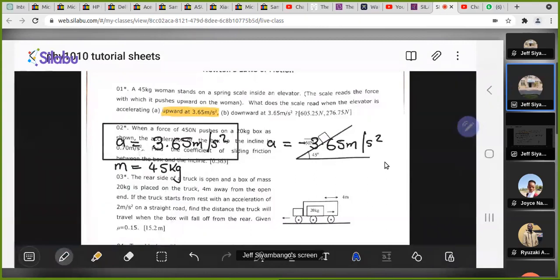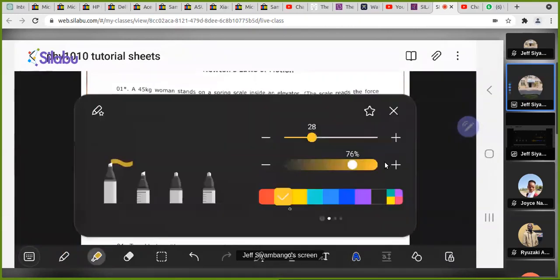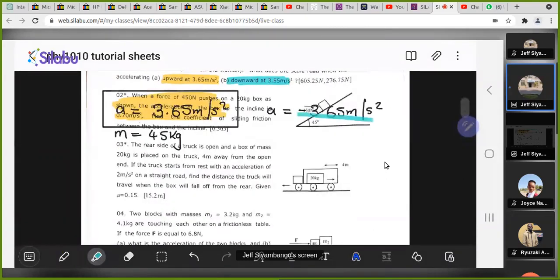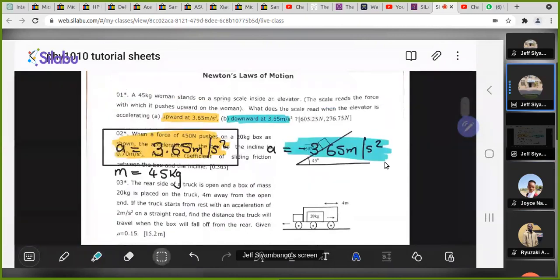So this is for when it is going upwards, so I will use positive. And then the next one is when the elevator is going downwards. When the elevator is going downwards, I will take the acceleration as negative 3.65. Have you got that? Is that clear? Yes. Okay. So that is what we are working with.